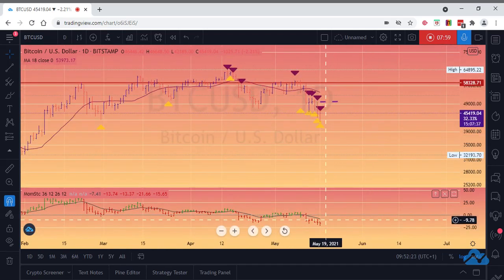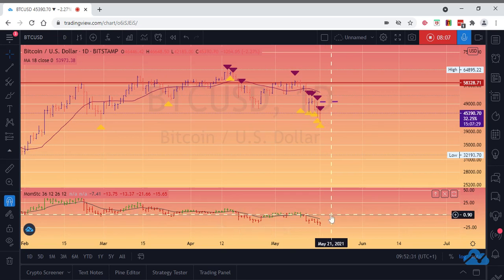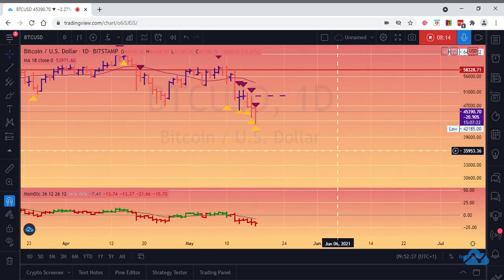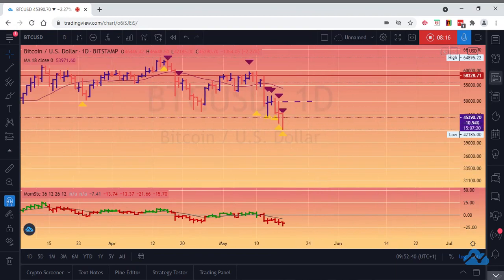So it's going to take 2-3 days even to get up here. I think maybe Thursday, Friday. 1, 2, 3, 4. Yeah, and it's going to need strong oomph from the players.